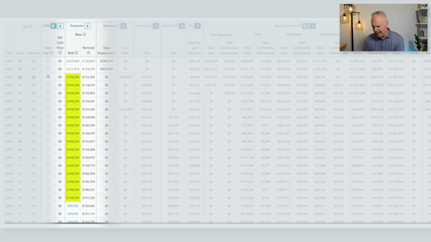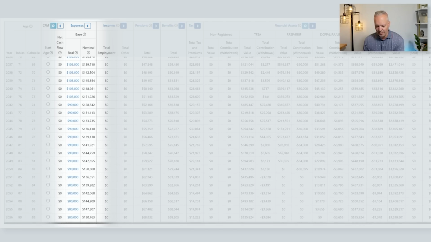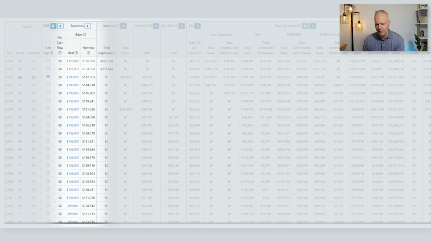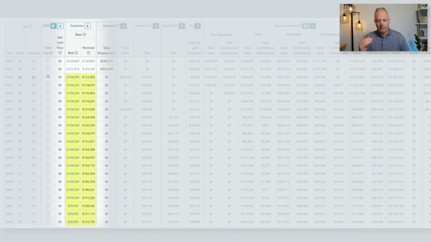Now, again, per usual, we've laddered that. So at age 75, it drops to 90 and then drops to 80 later in life. There's two different numbers here, the real number and the nominal number. The real number is we want to give Tobias and Gabriel $108,000 in today's dollars, so we want to keep that number level. The nominal dollar is the amount that they will actually have in their pocket.